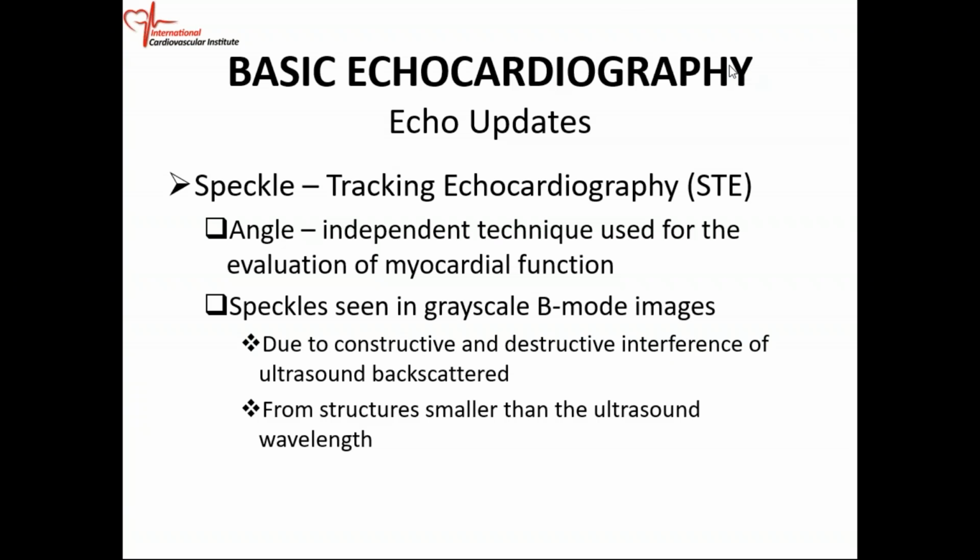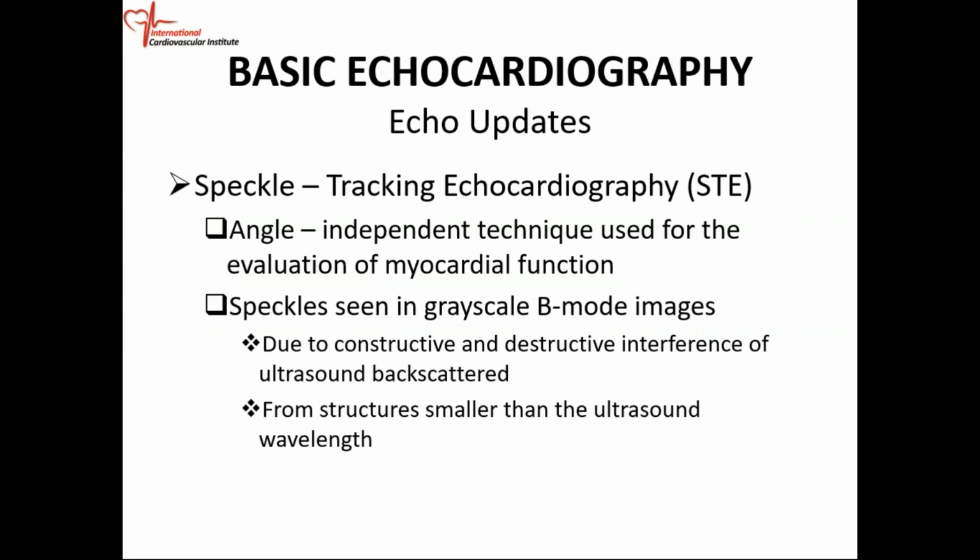Those speckles are not angle dependent by and large. So you can use them to assess your cardiac function plus other things. Those are the speckles due to constructive and destructive interference.